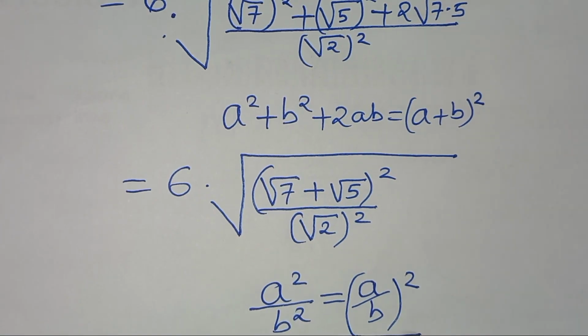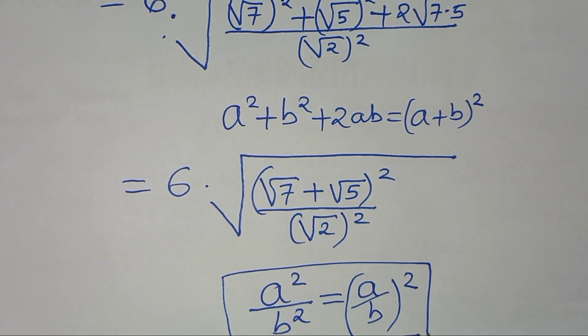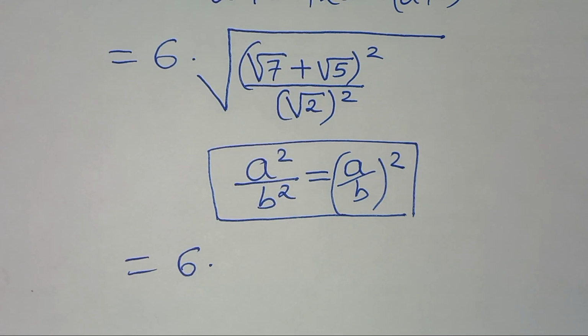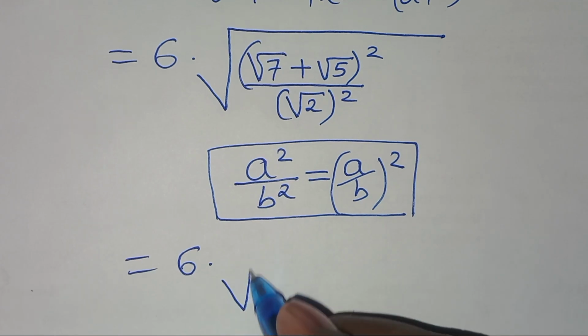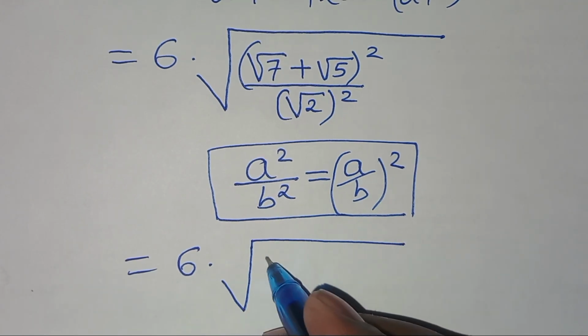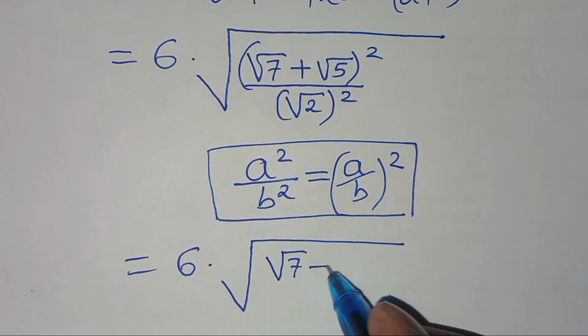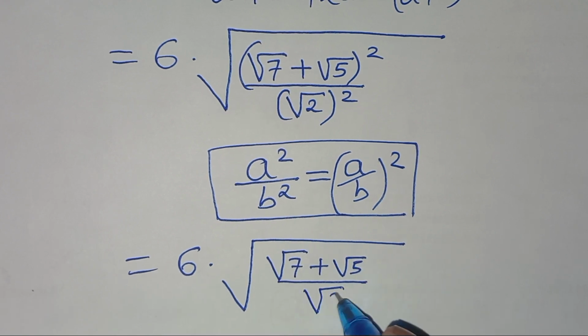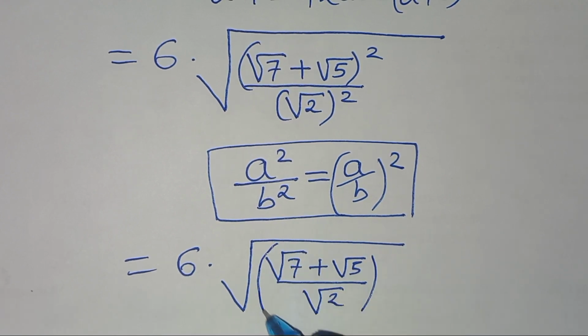So let's apply this property, so that now we'll have 6 times square root of 7 plus square root of 5 divided by square root of 2, everything here squared.